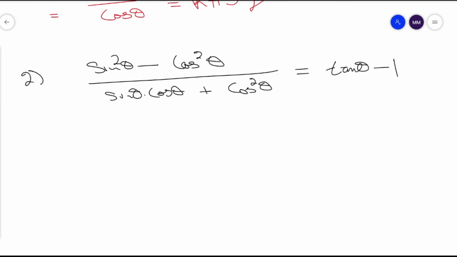Therefore, what you want to do with this is to factorize both your numerator and denominator. How do you do that? At the top, you're going to have a sine theta plus a cos of theta into a sine of theta minus a cos of theta.